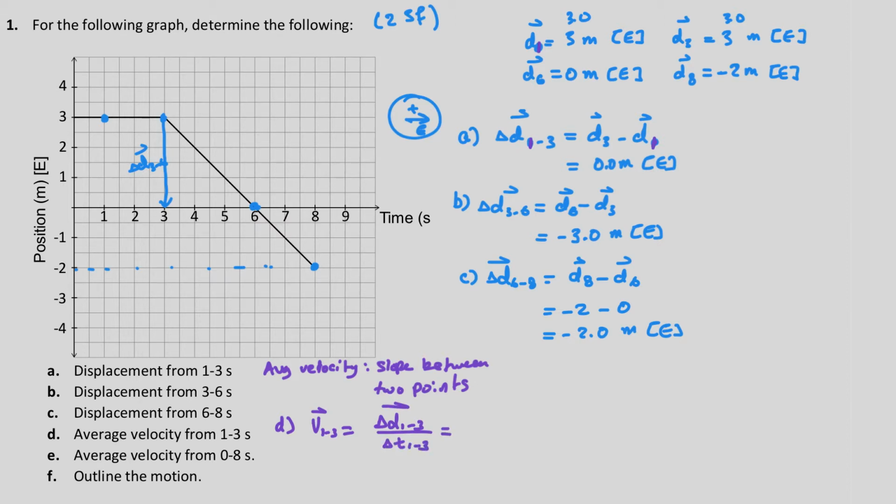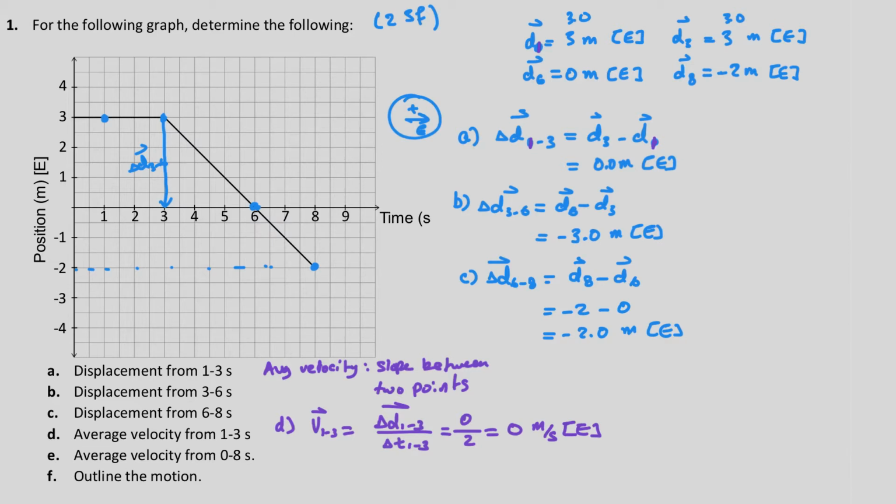In this particular case, the displacement is 0, the time is 2, and we get 0 meters per second in the east direction. And note that the slope of this line is a horizontal line, and therefore it should have a 0 average velocity.